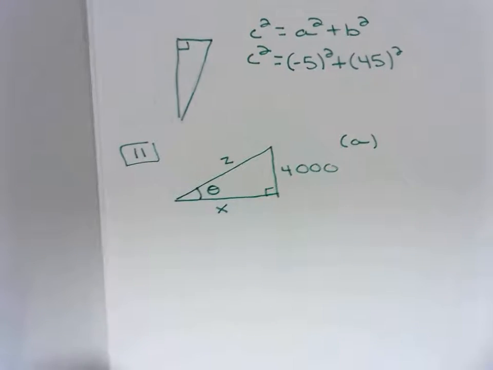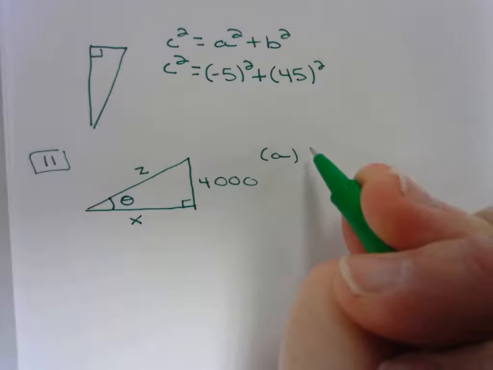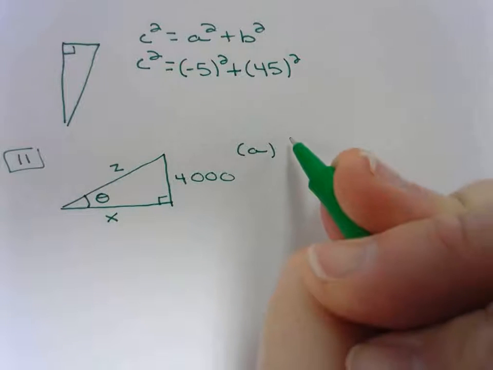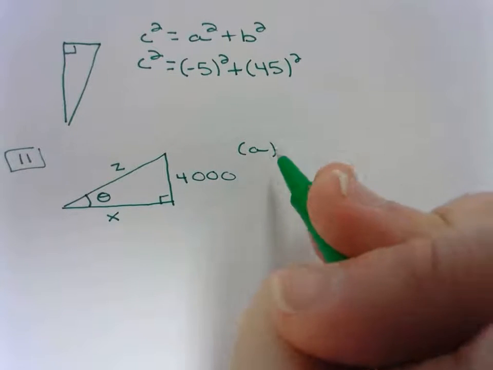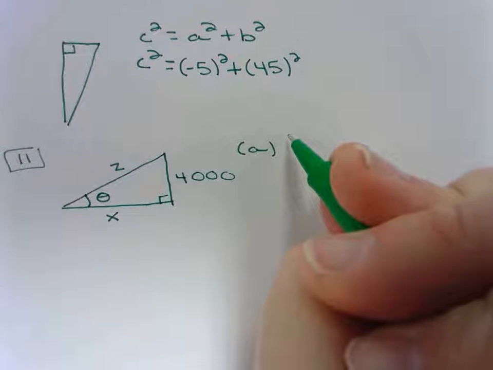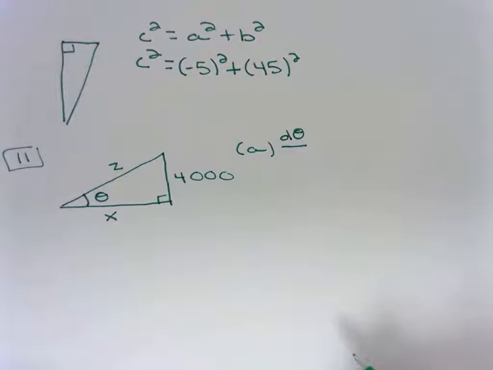So part A, there are two parts to this question. Part A, I want to know how fast theta is decreasing at this instant. If I write it with derivatives, it's going to be d theta, the change in theta, over the change in what?